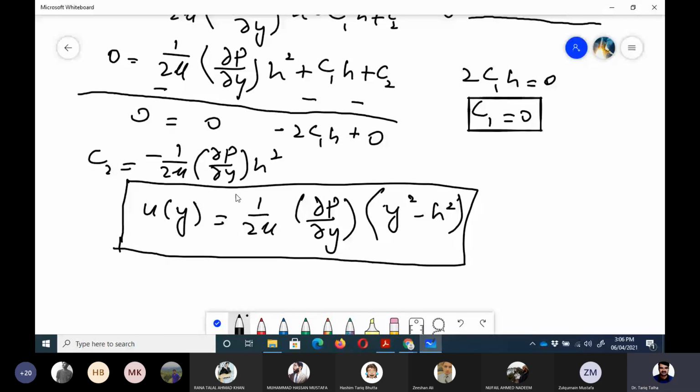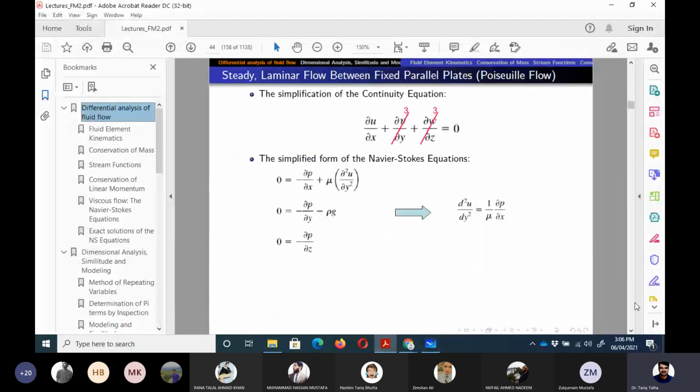This is our velocity profile, and we can see that it depends on the second power of y, so it is a quadratic equation. We know what is a linear equation and what is a quadratic equation.